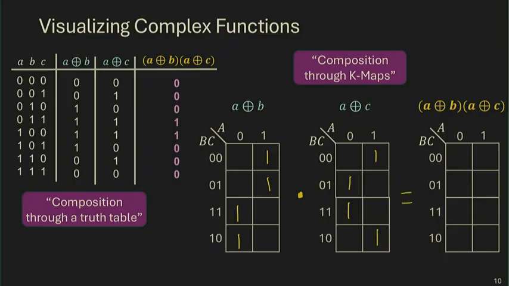Right, I can do it one by one, one entry at a time. I can also do a bit of grouping and then find out some of the similar entries. So let's say this is when both K maps produce a 0. This is also when both K maps produce a 0. So with that observation, I can directly put down a 0 and 0 in the resulting Karnaugh map.